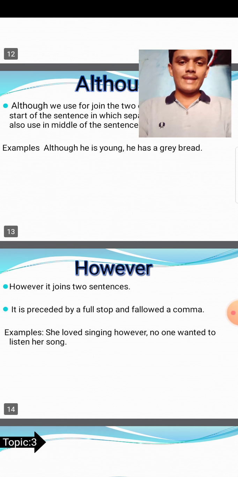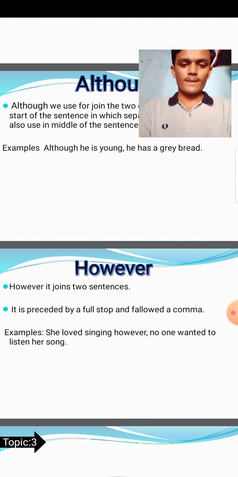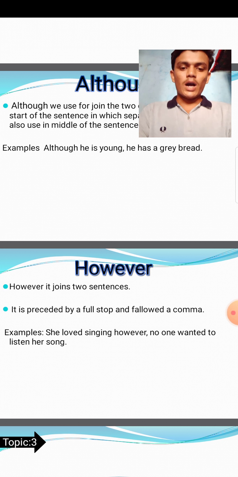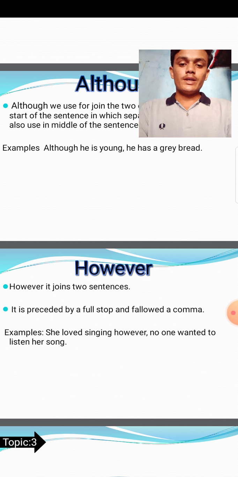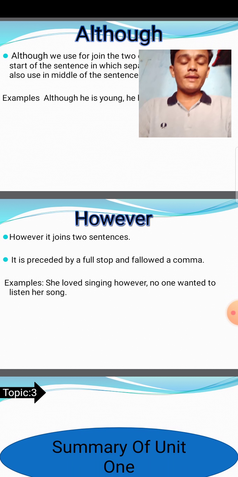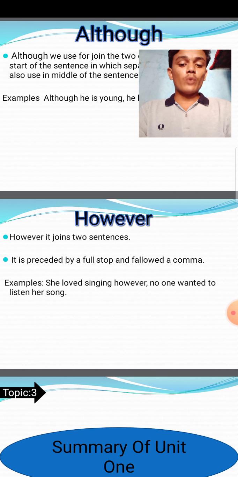Number 3 is however. However joins two sentences.